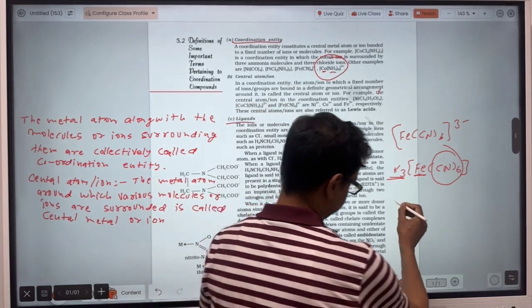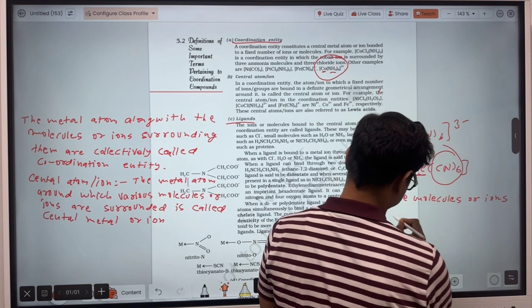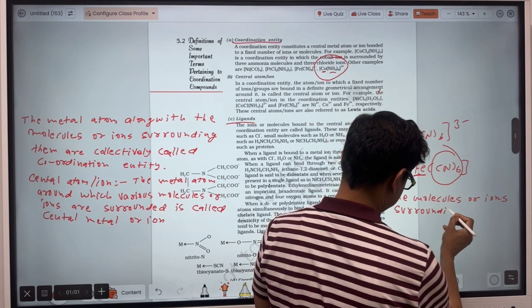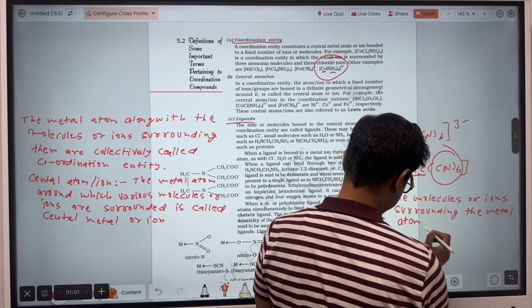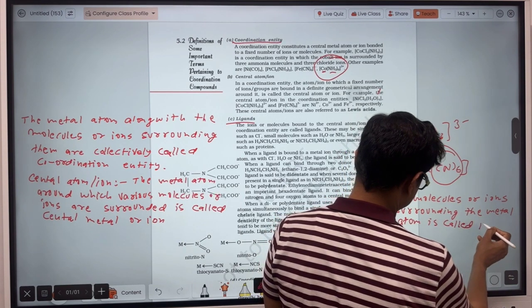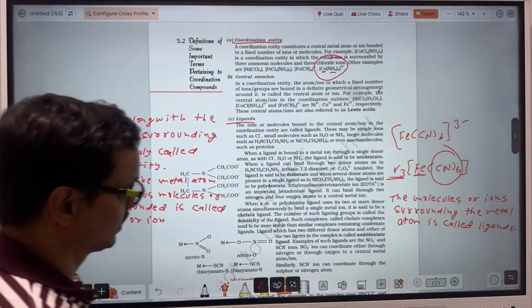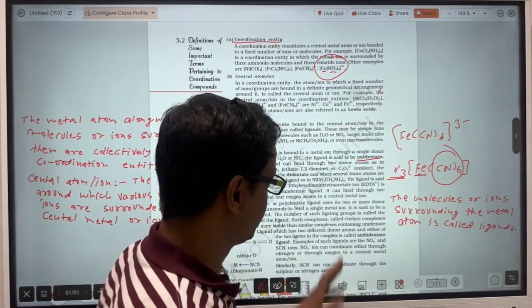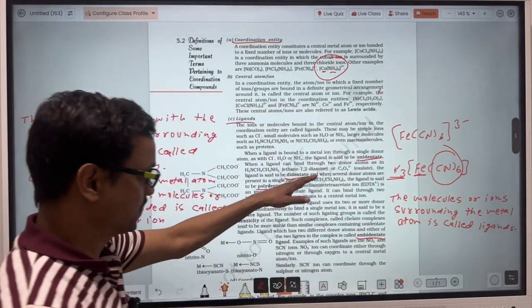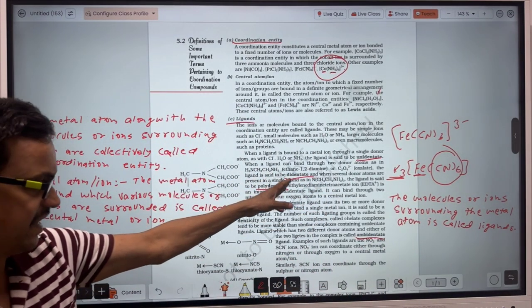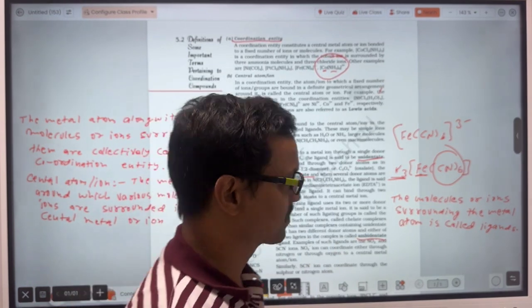The types of ligands are: unidentate ligand, didentate ligand, polydentate ligand, and ambidentate ligand. These are the types of ligands.